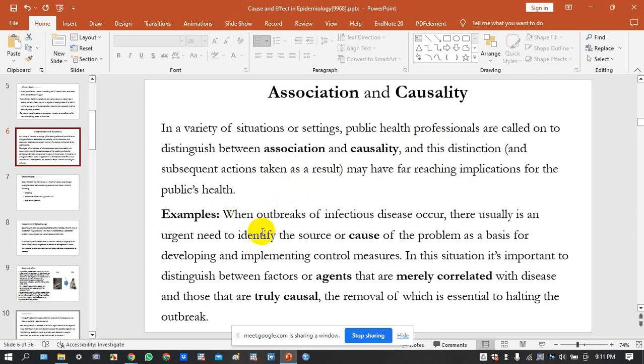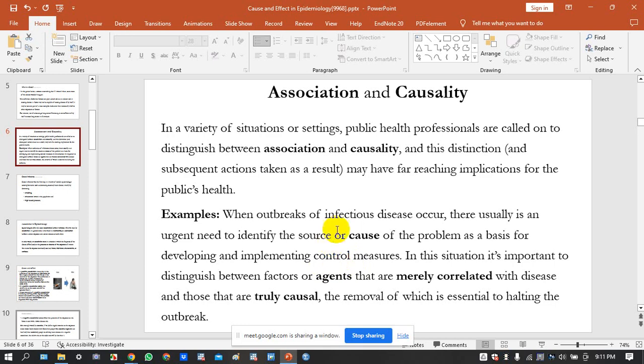Let's set an example here. When outbreaks of infectious diseases occur, there usually is an urgent need to identify the source, the risk factor, the exposure, or the cause of the problem as a basis for developing and implementing control measures. Some of the control measures for COVID-19 are washing of hands regularly, disassociating yourself from people, and even the COVID-19 vaccine.